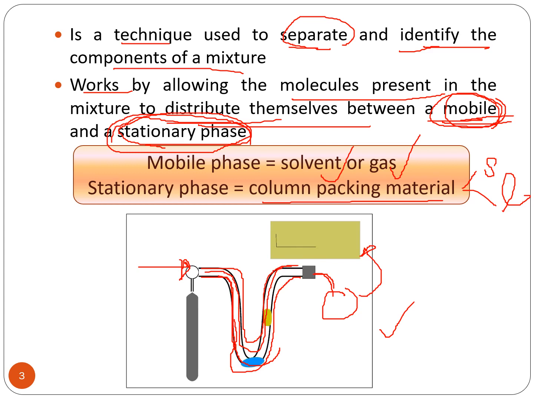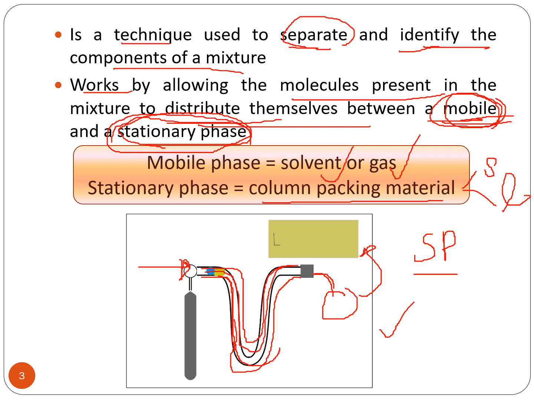Kita boleh tengok kalau kita punya komponen retain ataupun weakly held by the stationary phase, dia akan being eluted first. Contohnya yang warna kuning ni, kita boleh cakap dia adalah weakly held by the stationary phase, so it elute faster if compared to the blue component.